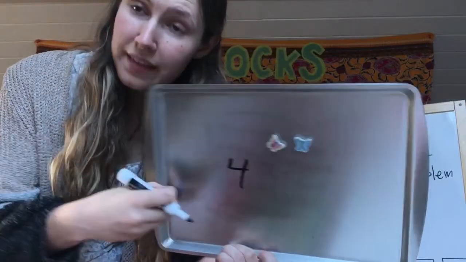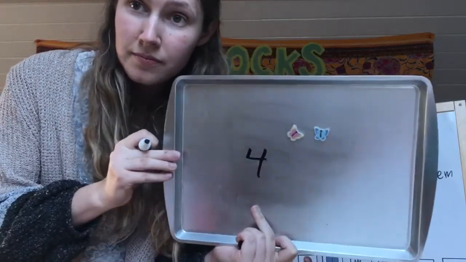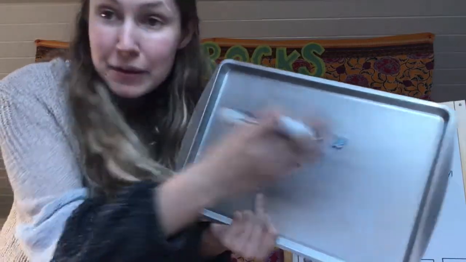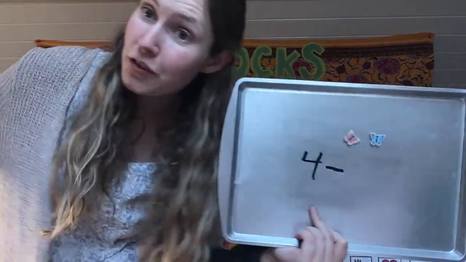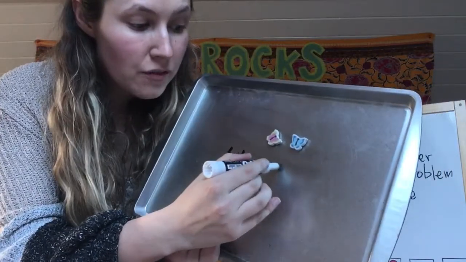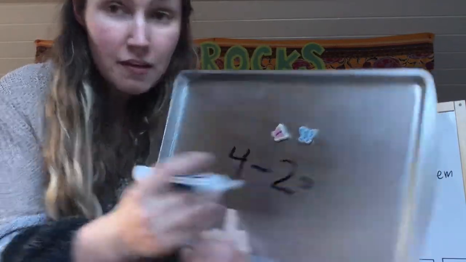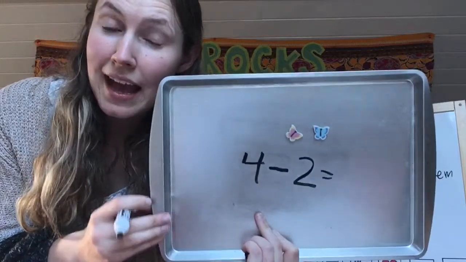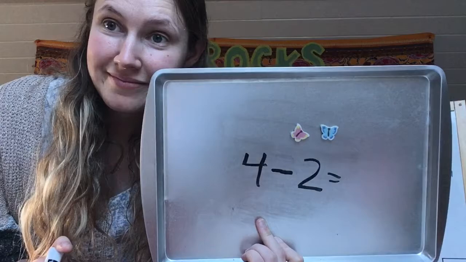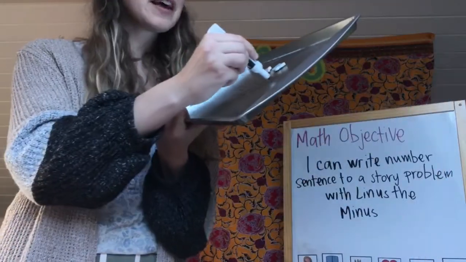How could I show that they left? I would use Linus the Minus because they were taken away from the tree. They flew away. They're not there anymore. Now, how many are left over? Remember, my equal sign tells me how many are left over. That's what I want to know. 2. 2 are left over.